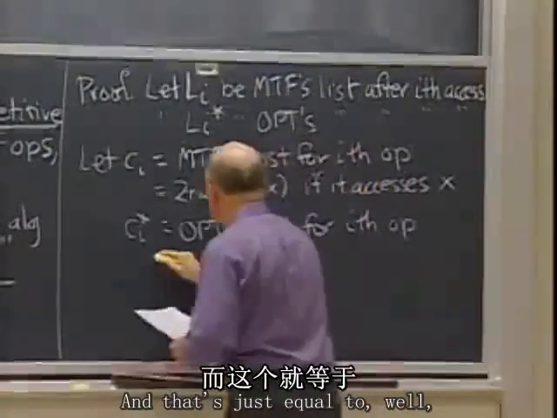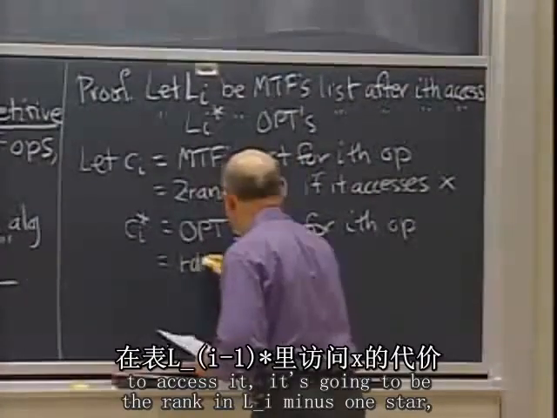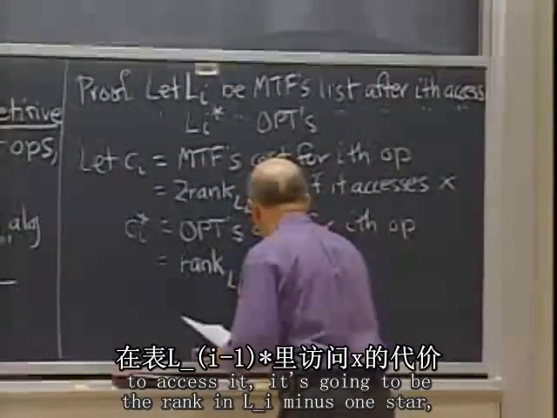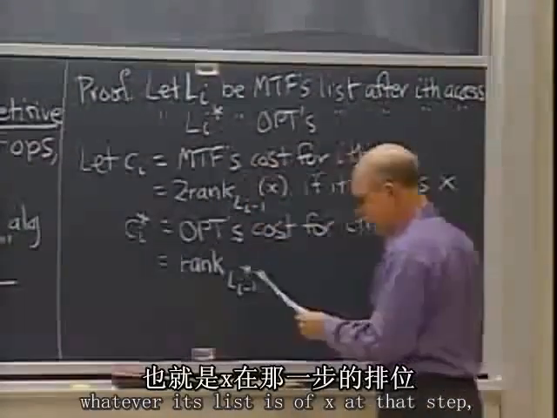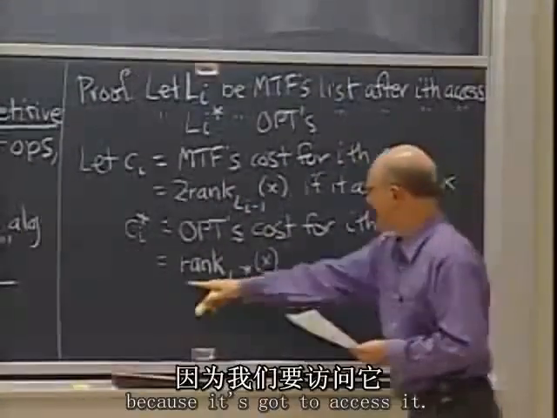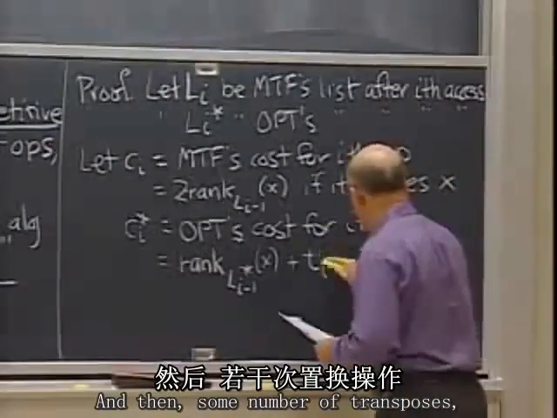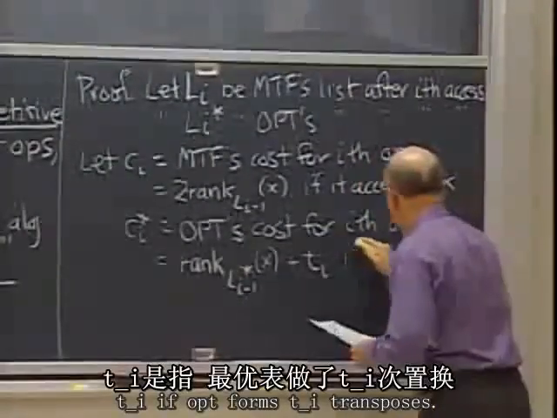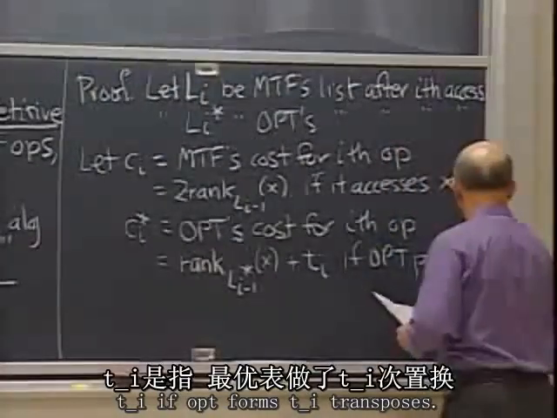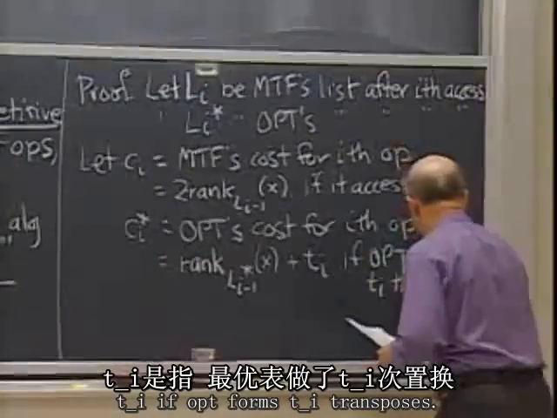And that's just equal to, well, to access it, it's going to be the rank in L sub i minus 1 star, whatever its list is, of x at that step, because it's got to access it, and then some number of transposes, t sub i, if opt performs t sub i transposes.